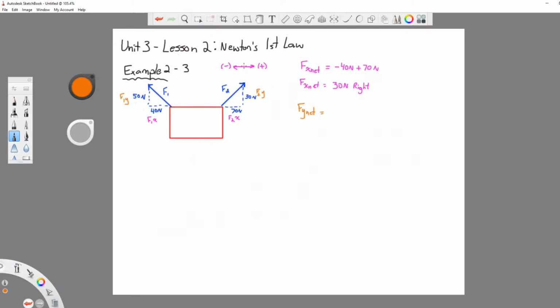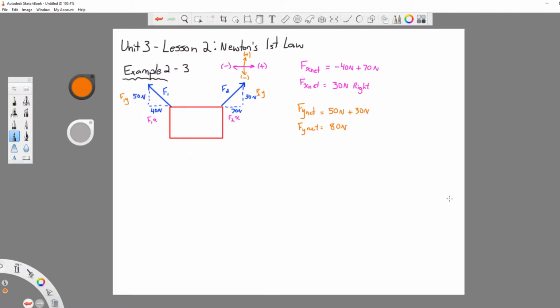We'll make up positive, down we'll make our negative. Standard convention. Okay. So we can say this is going to be 50 newtons up, so positive, plus another 30 newtons. So far so good. Our Fy net value is equal to 80 newtons.